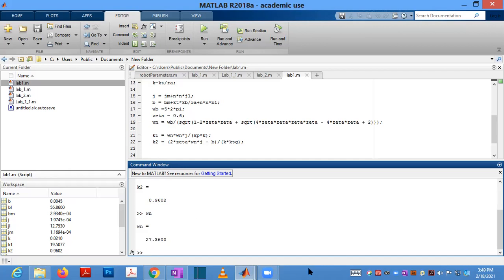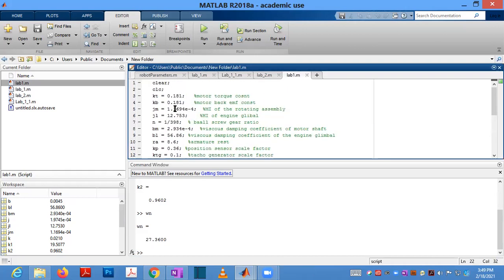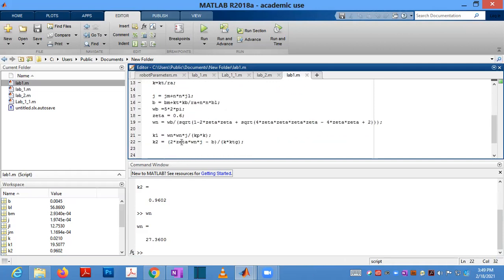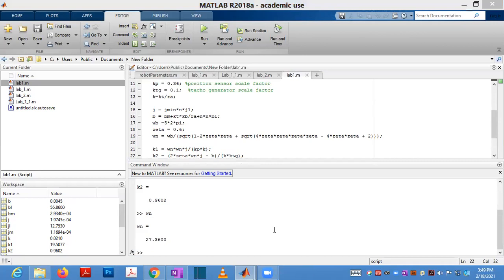Yes, sir. Only K2 is slightly different. Yeah, that might be due to the values you entered. Otherwise, sir, it depends on the solver you are using, that will vary. Yes, sir. MATLAB to MATLAB, some versions will show like that.